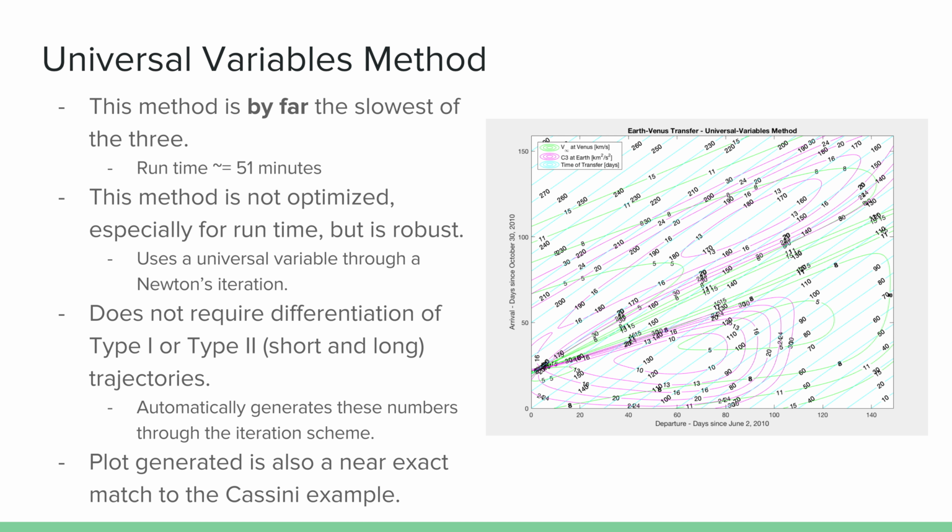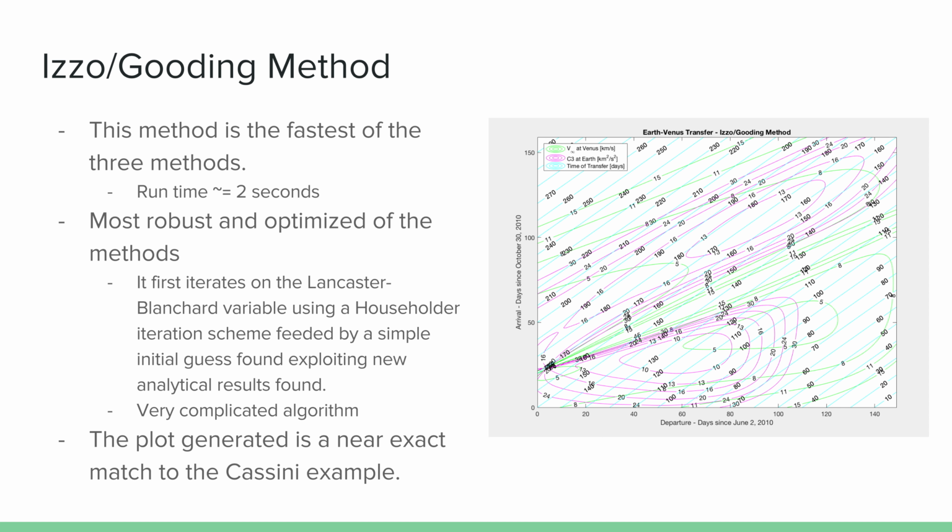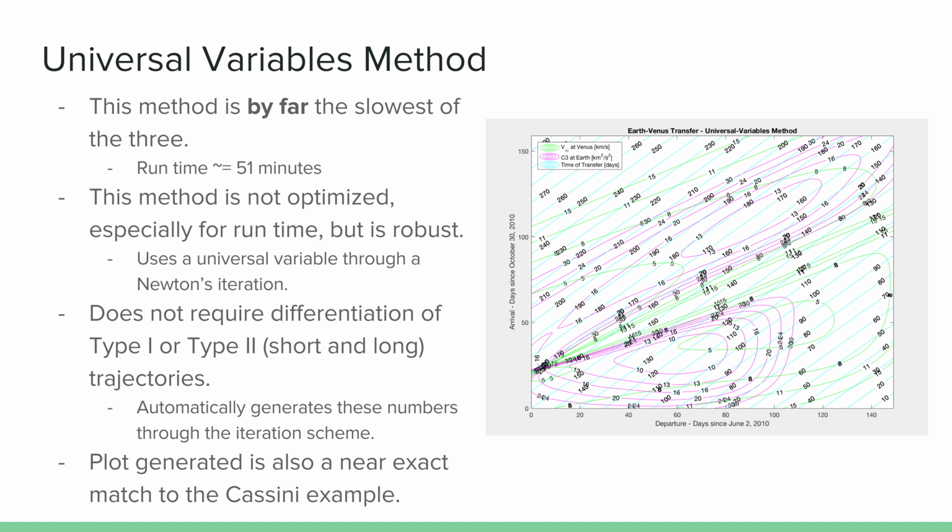Next is the universal variables method. This one was extremely slow. Took almost an hour, which is completely unacceptable. So this method is obviously not optimized for time, but it is accurate. It does give very similar results, in fact, pretty much the same results to the Izzo-Gooding method.